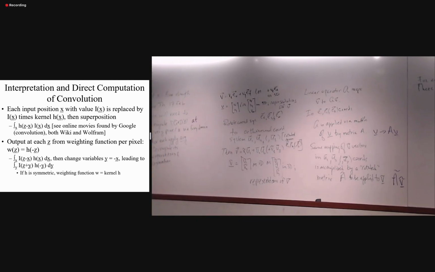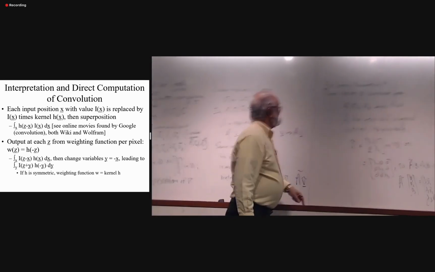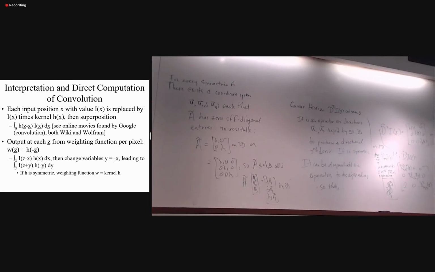Now, it turns out that for every symmetric matrix, capital A, there exists a rotated coordinate system, U1, U2, U3, such that A tilde is diagonal.